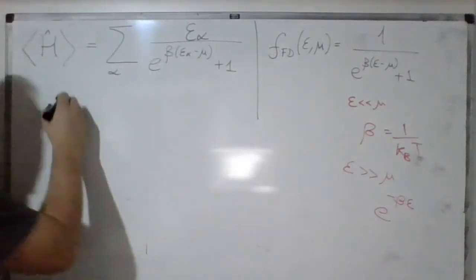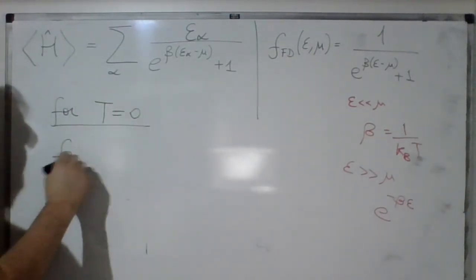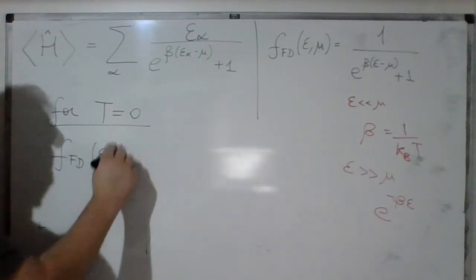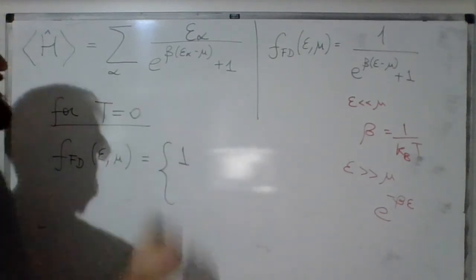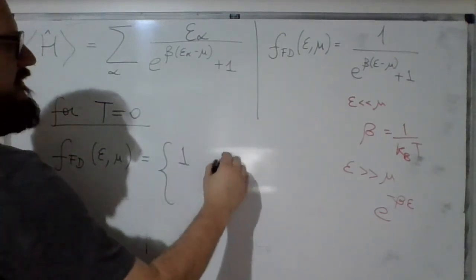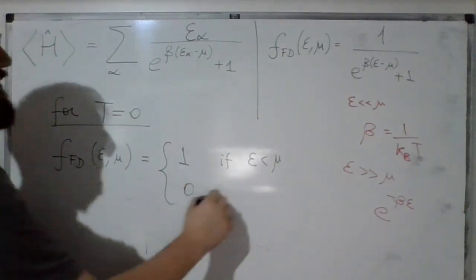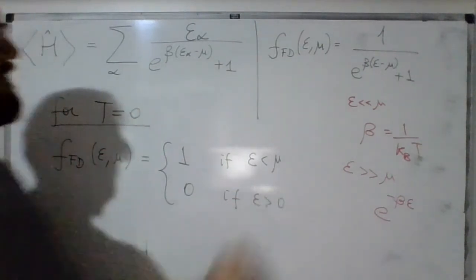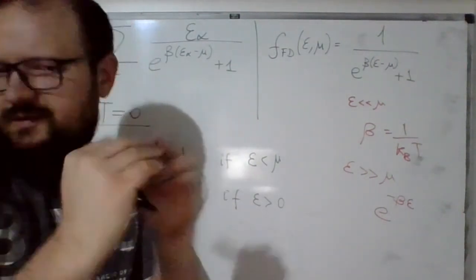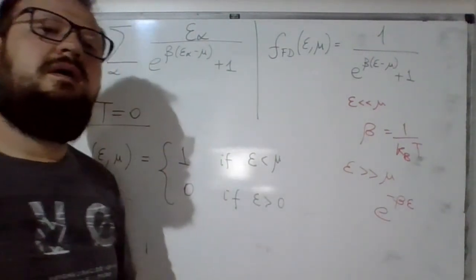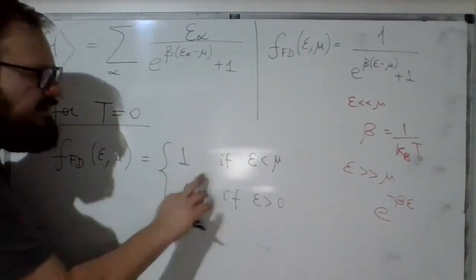So the Fermi-Dirac distribution is step-like for T equal to exactly 0. You can rewrite the Fermi-Dirac distribution in the following way. That function is 1 if the energy is below the chemical potential, 0 otherwise. Okay, and exactly at mu, you can consider it's 1/2, or in some instances you can approximate by 1 or 0, but on the average it is half.